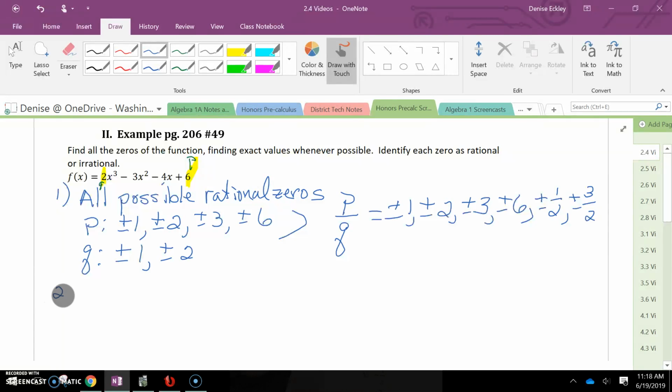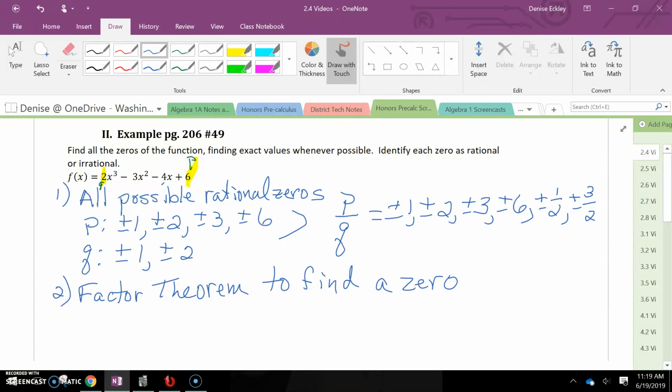So the next thing I want to do is use the factor theorem to find a zero. And this is going to give me a rational zero. So what the factor theorem tells us is that anytime I substitute a value into the function, if the value of the function is 0, then I have found a zero.